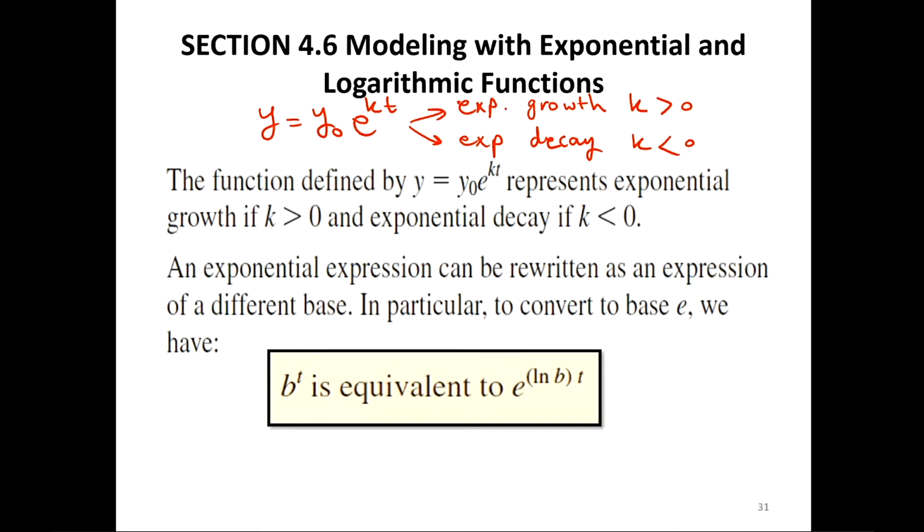Now, also we can rewrite any exponential, for example b to the power t, from base b to base e by using e to the power of t ln b.